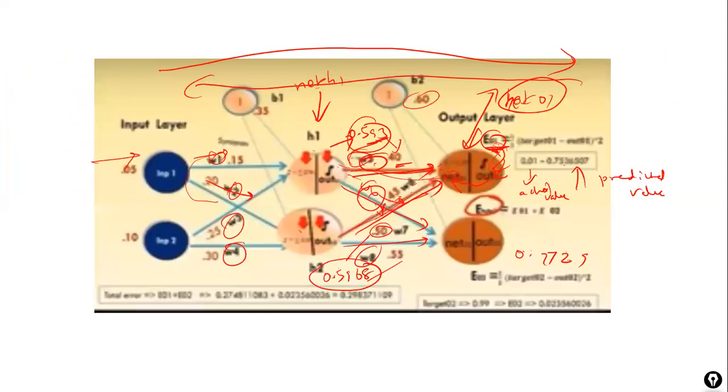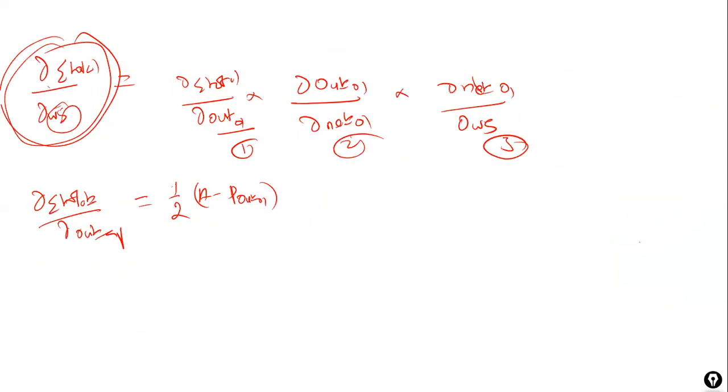So the actual minus predicted, whole square. And again, we have out O2 also, right? Actual minus predicted out O2, squared. So this one gives me the total error, right?